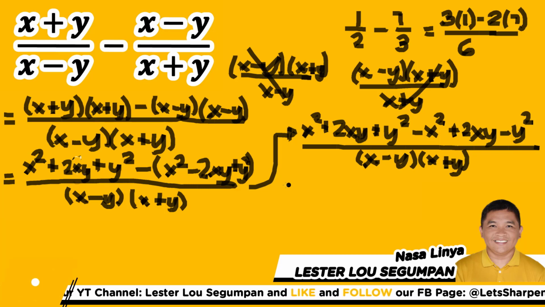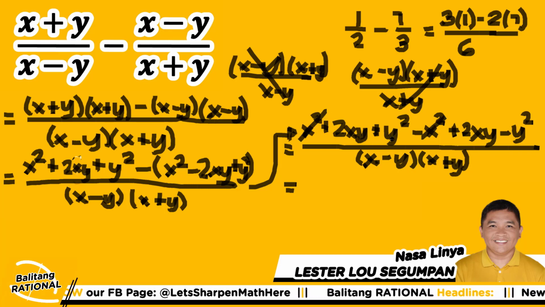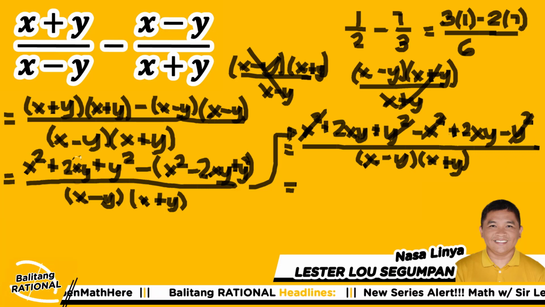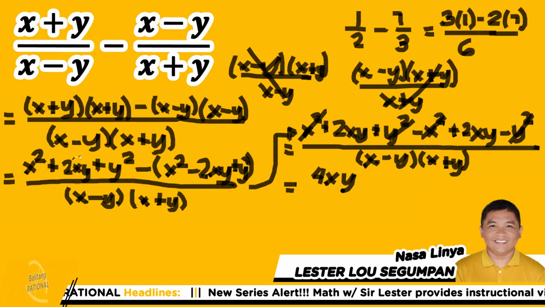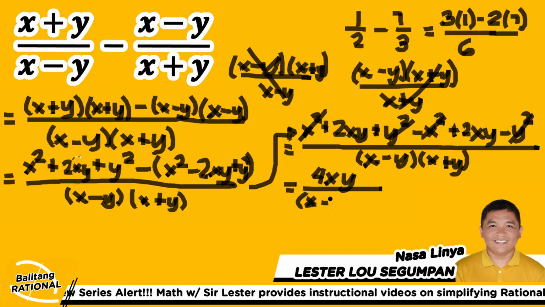Now, here's the thing. We simplify our expression. You have here x squared minus x squared, that's 0. You have here y squared and negative y squared, you have 0. 2 plus 2, you have 4xy over our denominator of x minus y times x plus y.